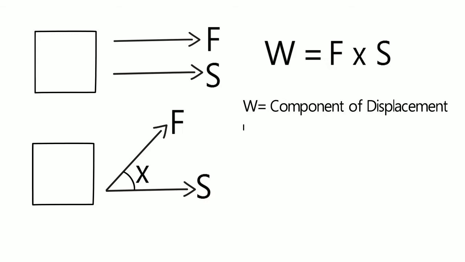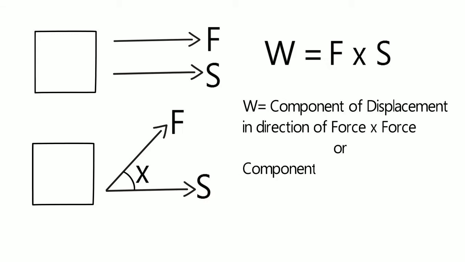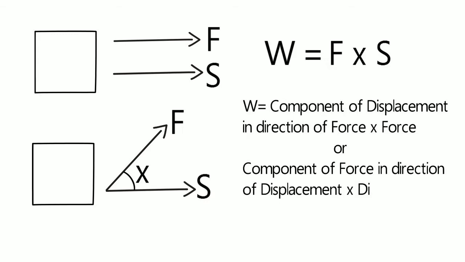Then the work done is equal to the component of displacement in the direction of force multiplied by force, or the component of force in the direction of displacement multiplied by displacement. Through either of the equations, we get the work done is equal to force multiplied by displacement multiplied by cos x, where x is the angle between the force and the displacement.